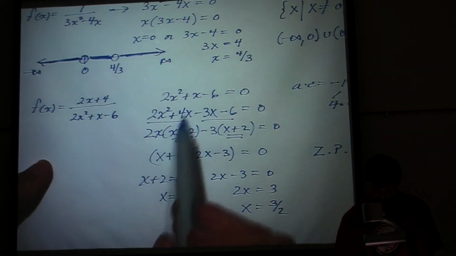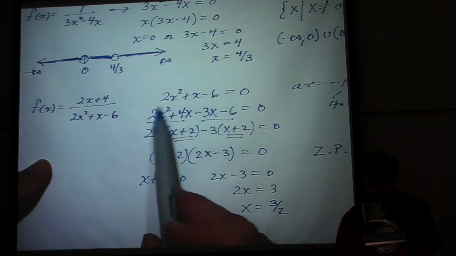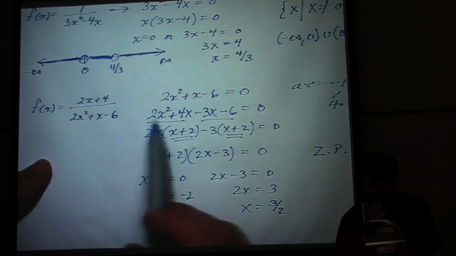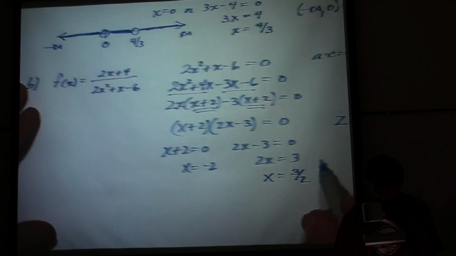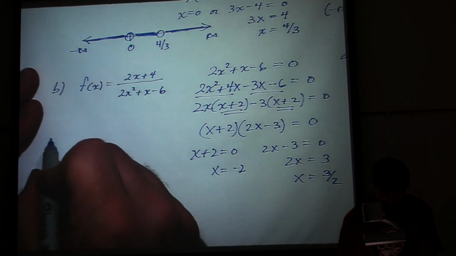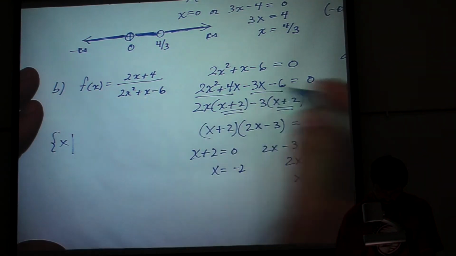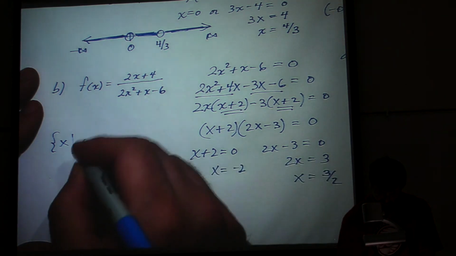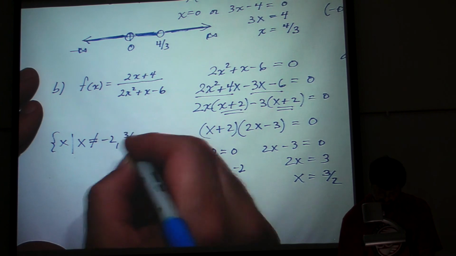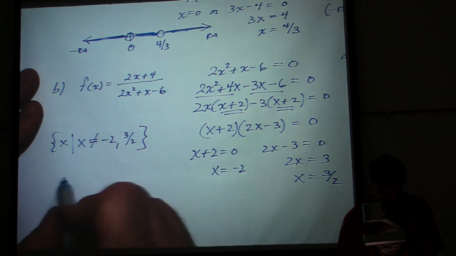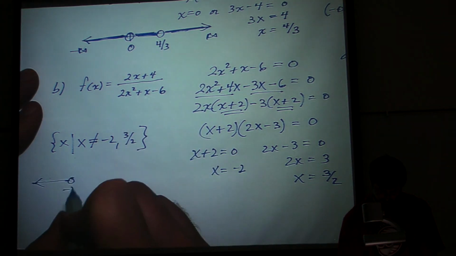They are what makes this quadratic equal 0. Therefore, they are what makes this function undefined. And those are the values that must be restricted. So x can be anything except it can't be negative 2 or 3/2. On a number line, that would look like this. We'd have a hole at negative 2.